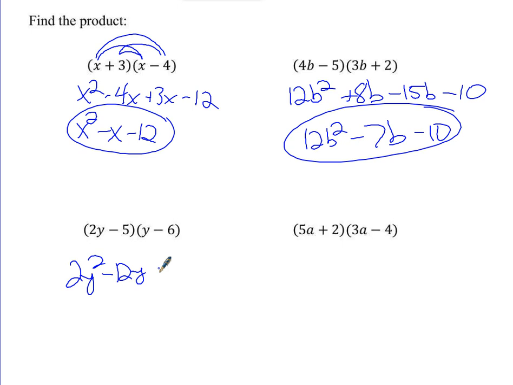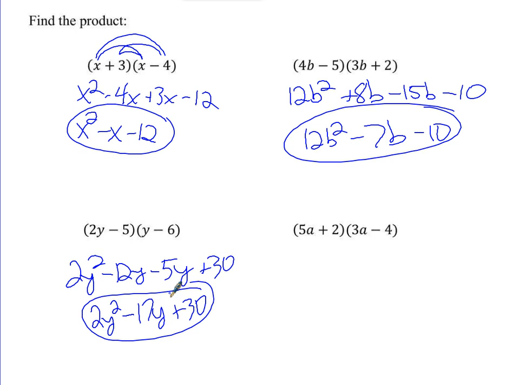Good. Minus 5y. Negative 5 times negative 6 is positive 30. Okay, so what's my answer then? Yep. Yep. Very good.